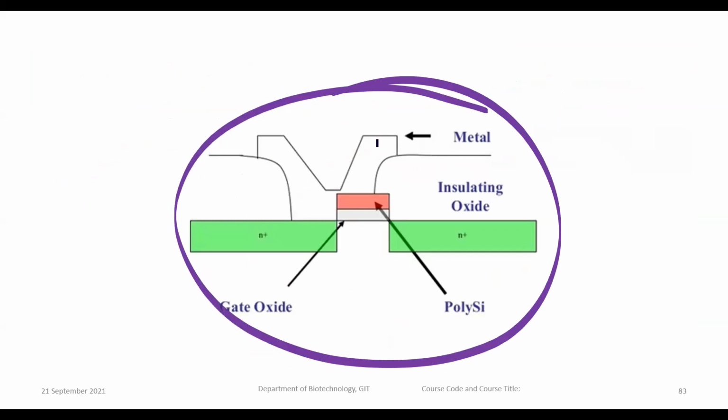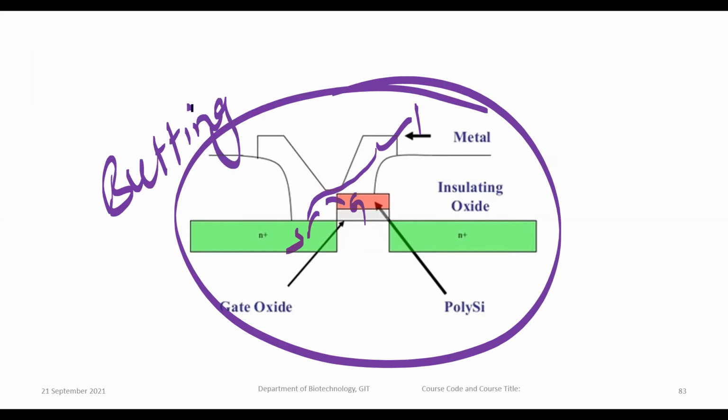This is the metal one, and this is the source, and this is the gate. The gate and source are joined via metal one. They are not a direct connection. So gate to metal and metal to source. This is called the butting contact. That's it.